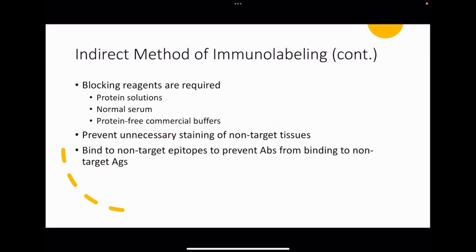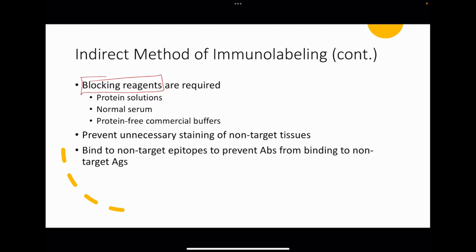As it turns out, with the indirect method specifically, we come across the issue of staining tissue that is not necessarily the target tissue. So there needs to be some sort of way to alleviate this and remedy this, so we can actually use blocking reagents. Now, blocking reagents come in three different types.